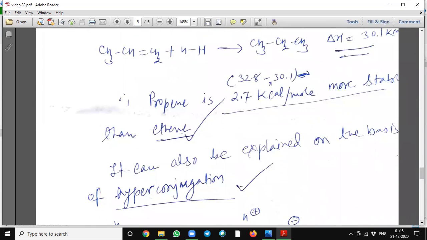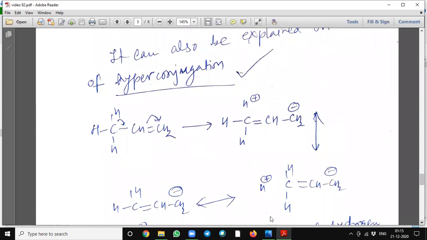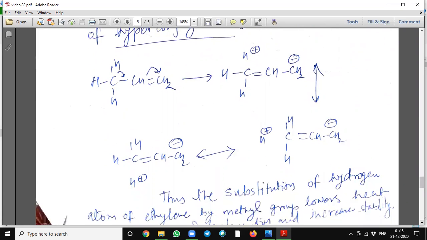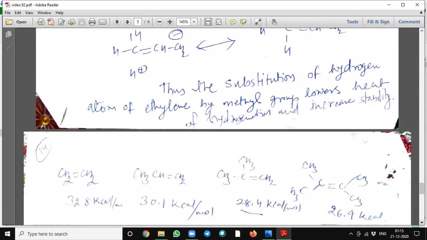This we can also explain on the basis of hyperconjugation. Due to the hyperconjugation resonating structures, propene is more stable compared to ethene. Thus, the substitution of a hydrogen atom of ethylene by a methyl group lowers the heat of hydrogenation and increases the stability.